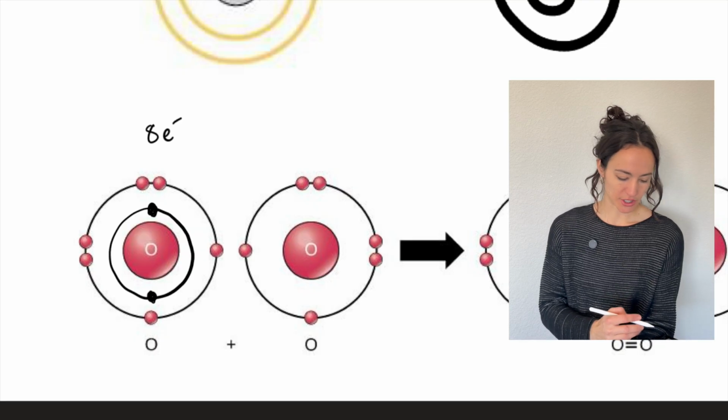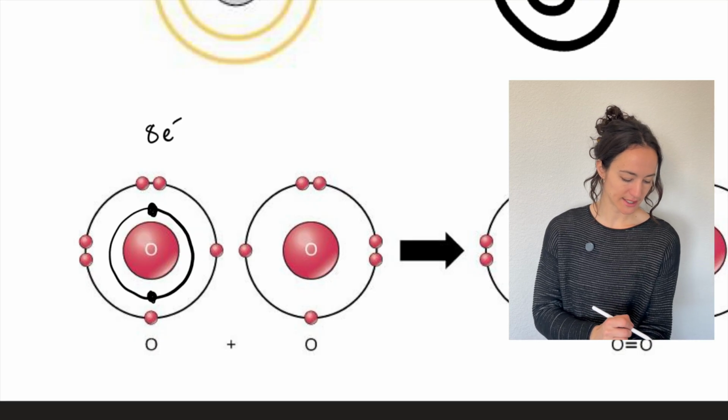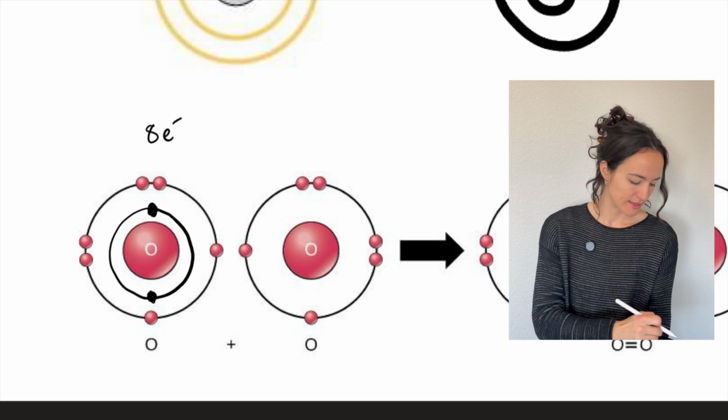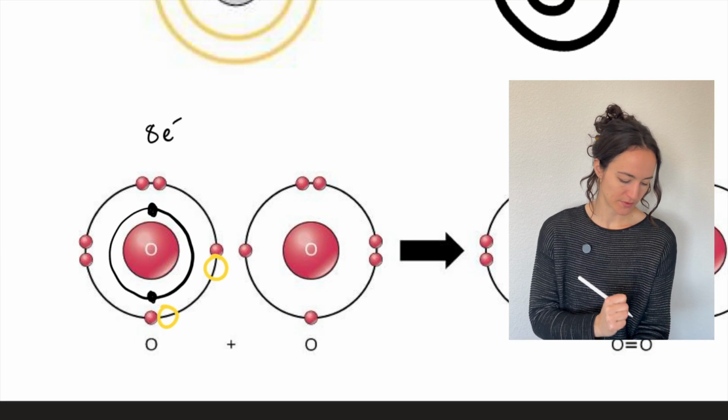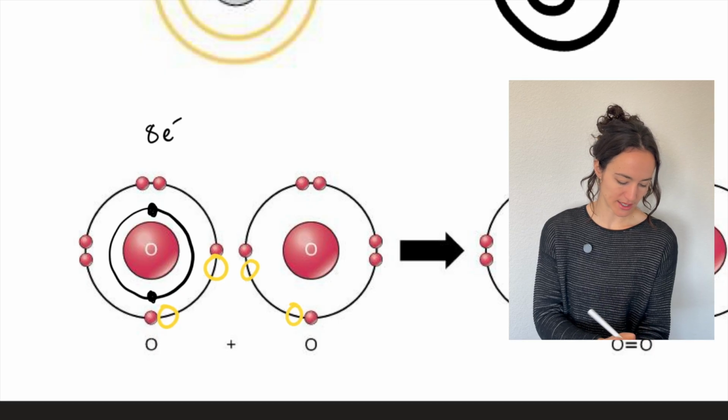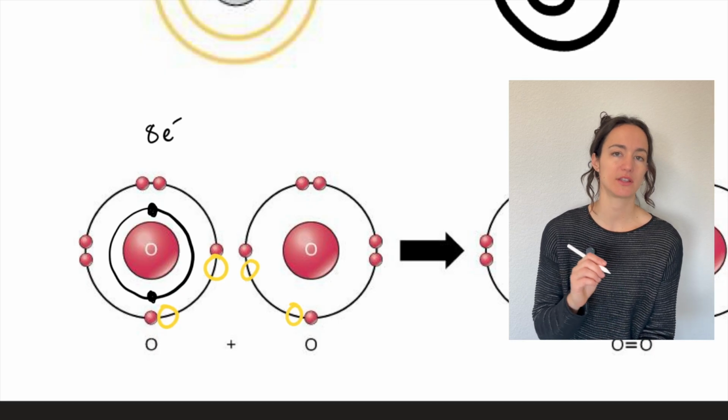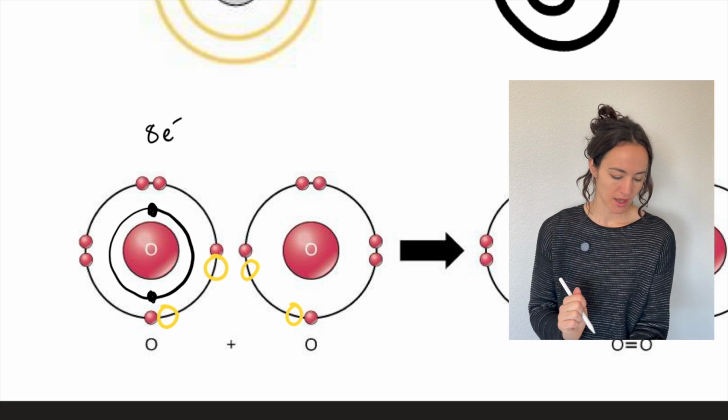It has 2 in the first shell and then 6 in the second shell. That means there are 2 spots where oxygen is missing its electrons. And we often draw these electrons in pairs.